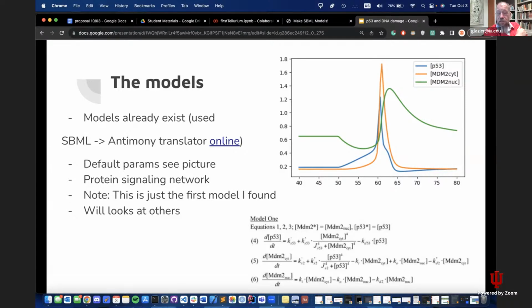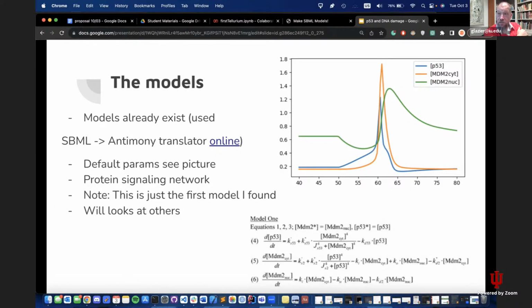Then we said that the rate of production will be a Hill function of some activator. In this case, the activator is MDM2. Look what we have: a Hill function. MDM2 to the 4th over constant to the 4th plus MDM2 to the 4th.